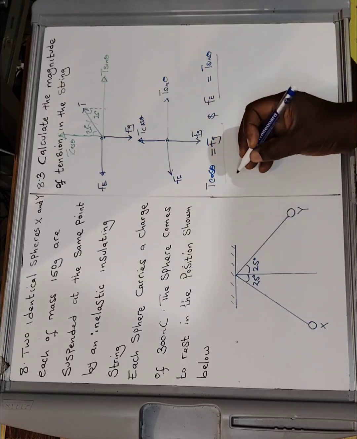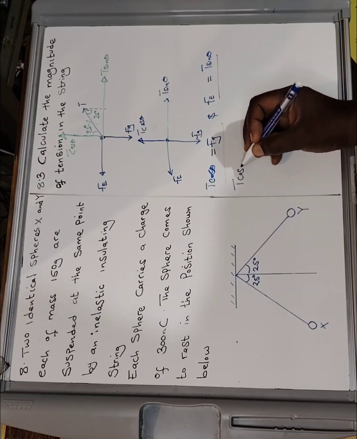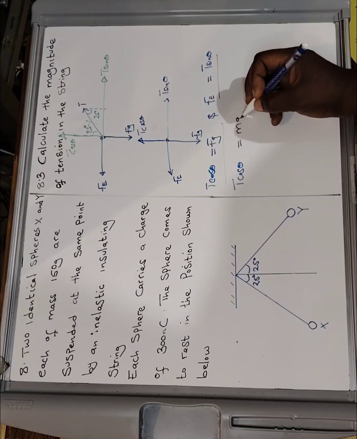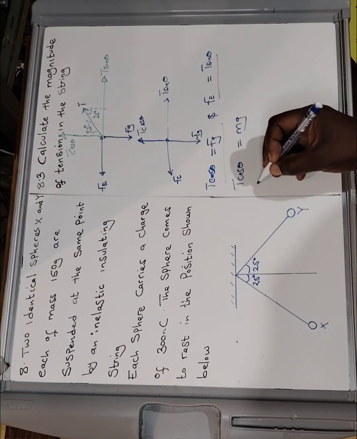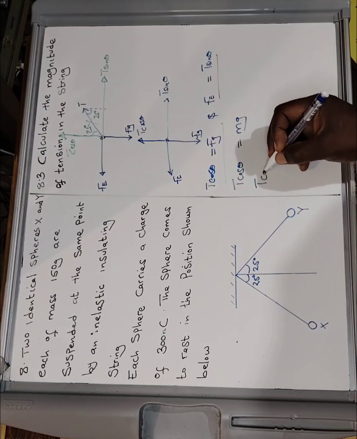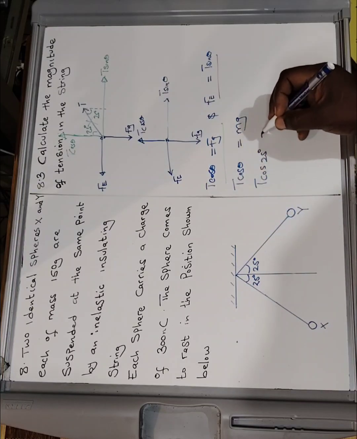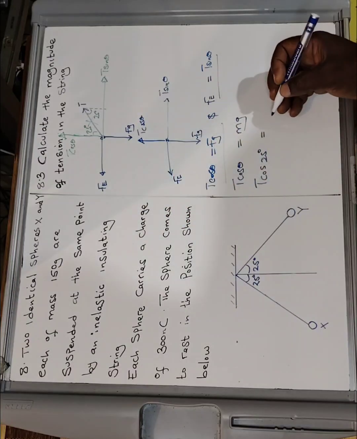What are we going to say? We are going to say T cos theta is equal to mg. So T cos 25 degrees is equal to m, and m is 150 grams.